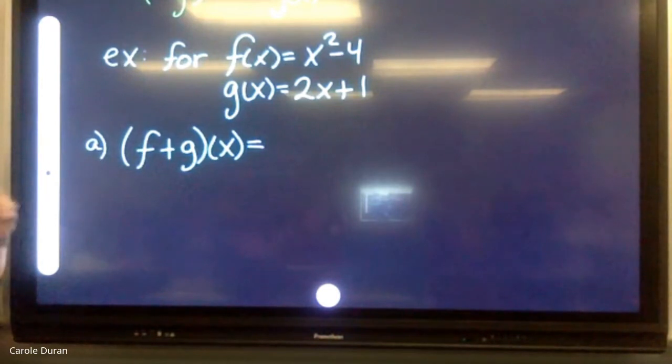Somebody talk me through how you're going to solve this or simplify it. Sarah. Okay, what do you mean by plug it in? It's not a trick question. It's actually that straightforward, I think.